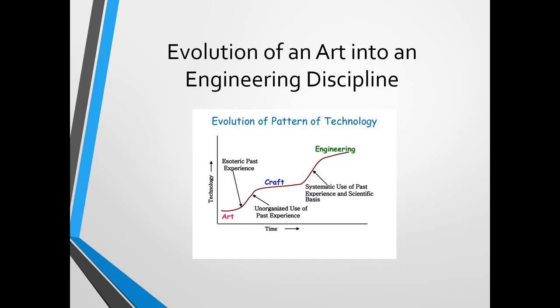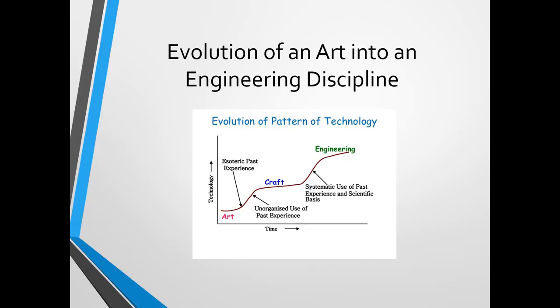It was actually a family secret. Slowly this technology graduated from an art to a craft form, where tradesmen shared their knowledge with their apprentices, and the knowledge pool continued to grow. Much later, through a systematic organization of this knowledge and incorporation of a scientific basis, modern steelmaking technology emerged.